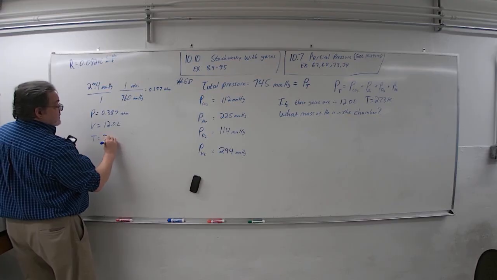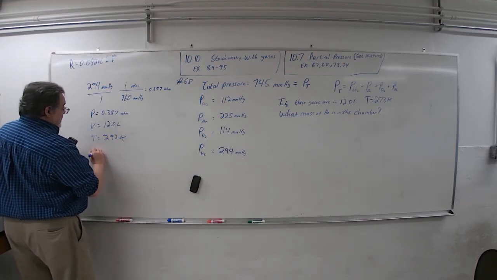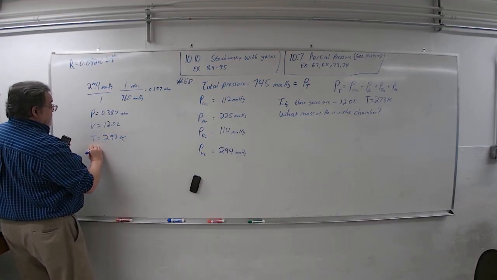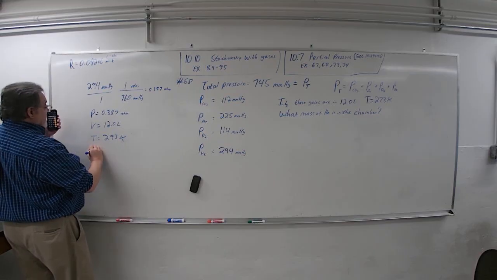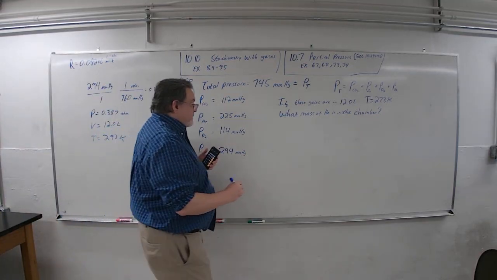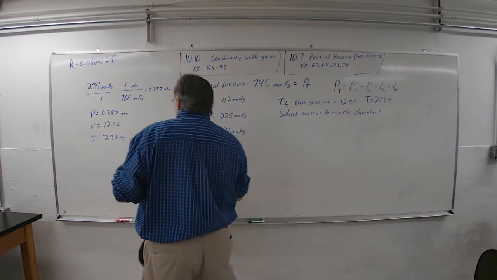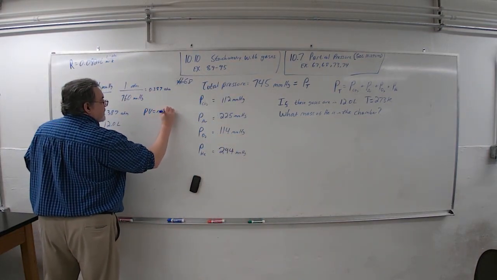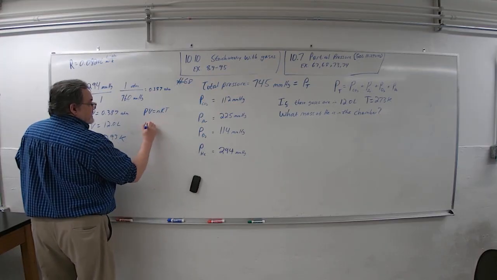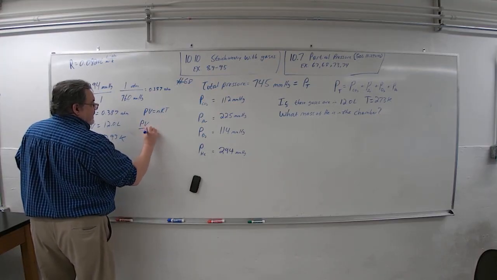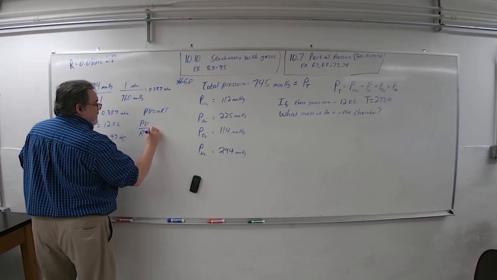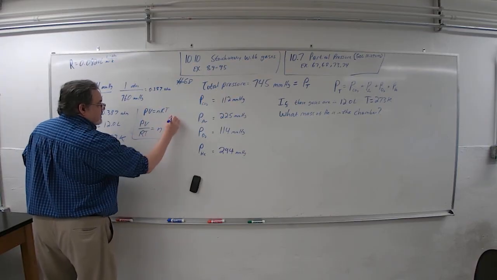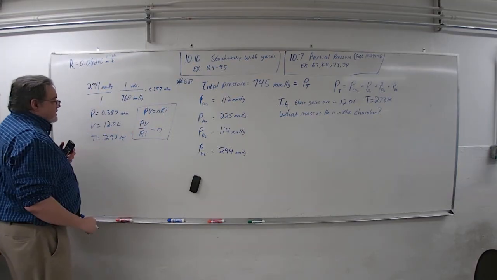Temperature is 293 K. And R, and then n is what we're solving for. PV equals nRT. Divide both sides by RT. I get PV over RT equals n. So that's the equation I'll use.